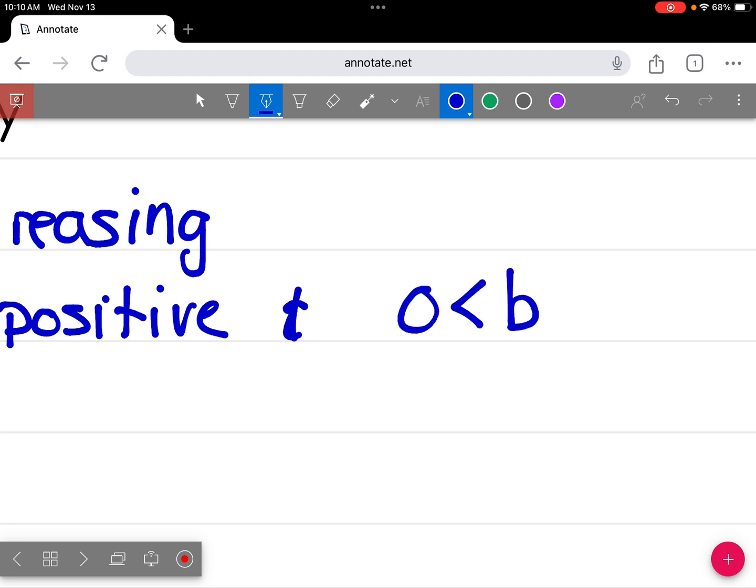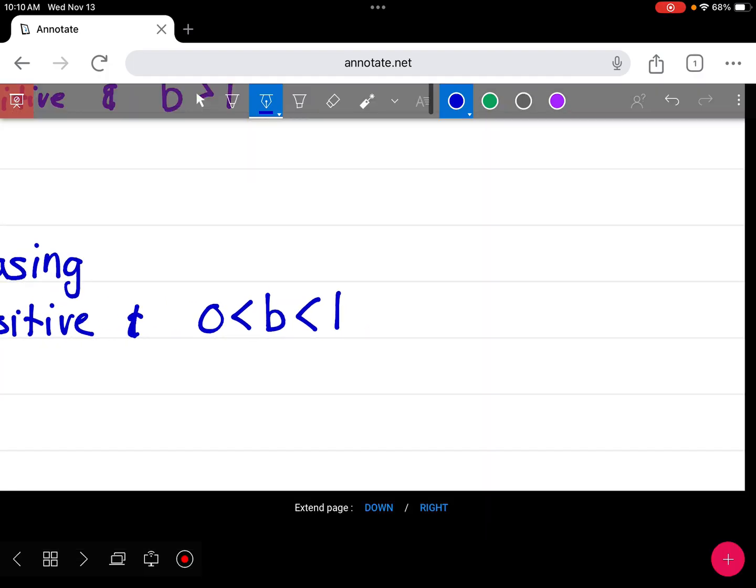Remember, we can't do negative numbers. We wind up with something that's like switching signs like this, and it gets really, really crazy. But it also has to be then less than 1. So my base is going to be fractions. It's going to be small. 1/3, 1/2, 7/8, 1/200. They're going to be small. And it's decaying.